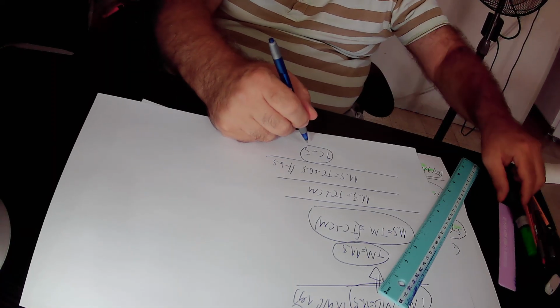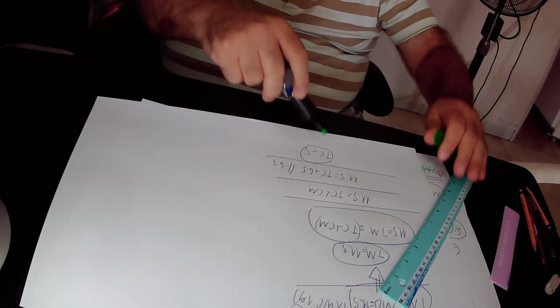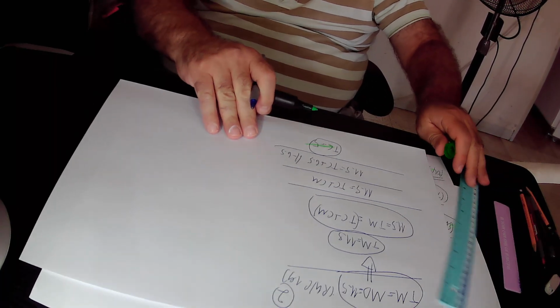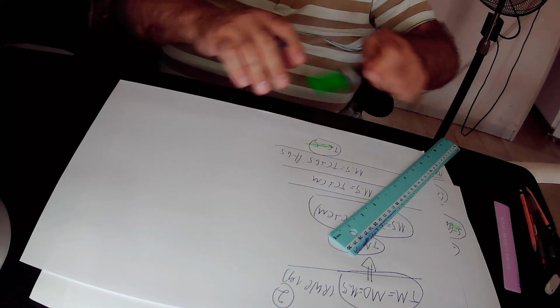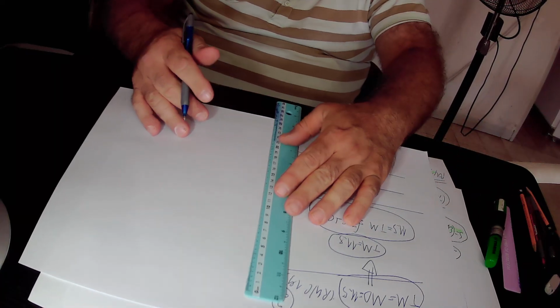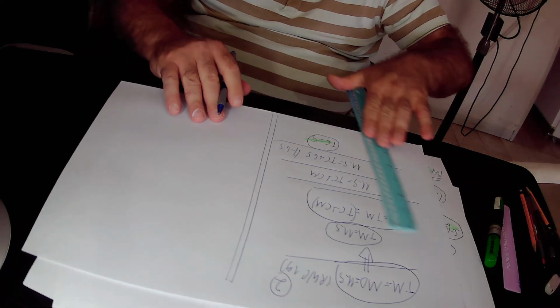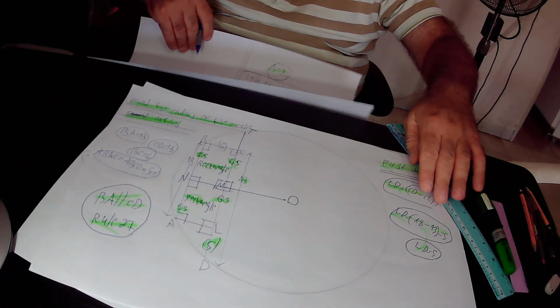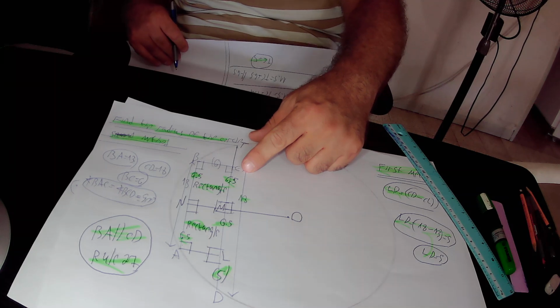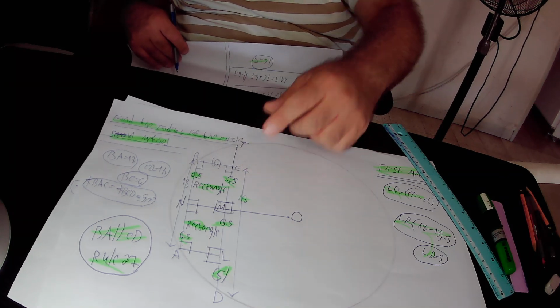So TC equals 5 units in its length. This is TC, which equals 5 units in its length.